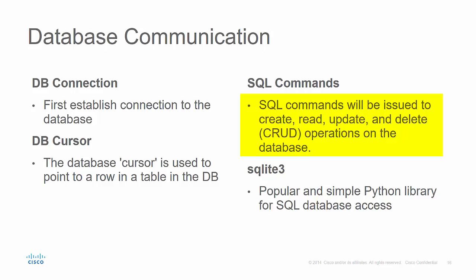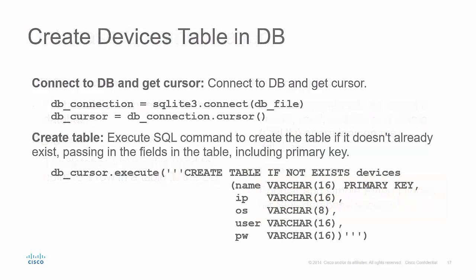SQL commands fall into categories that are often referred to as create, read, update, and delete. Those operations will be performed using standard SQL commands that you will pass to the library that you use for communicating with the database. And in Python, there happens to be a simple and easy to use library called SQLite. The version is SQLite 3, which allows you to do simple database operations.